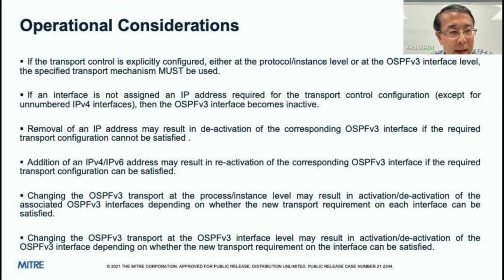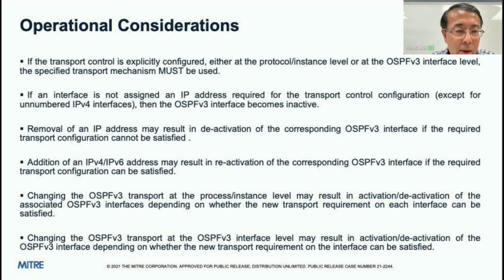In the end, we decided that we should have both, one at the instance level, one at the interface level. This is to achieve a balance between scalability and granularity of control, right? At the interface level, the user gains more granular control, but at the instance level, one configuration can apply to all the interfaces, so it's more scalable. So we have control at both.